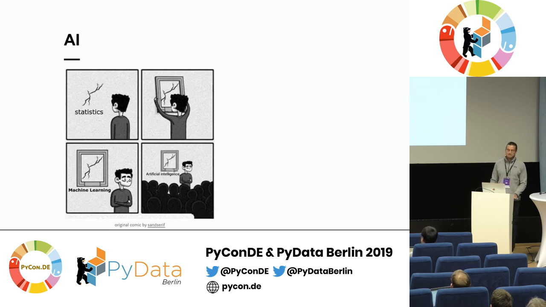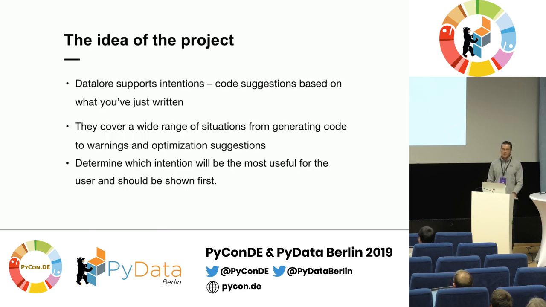My presentation is divided into two parts. First will be about intentions, and the second about code completions. Let's start with intentions. The idea of the project was quite simple. Datalore supports intentions, which is basically a piece of code, a recommendation based on your previous cells or lines of code. Intentions cover a variety of actions, such as generating code.